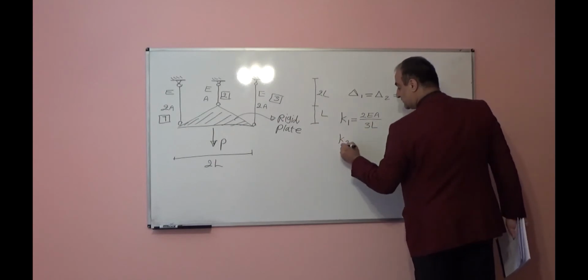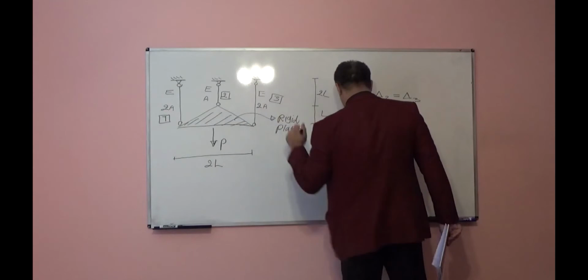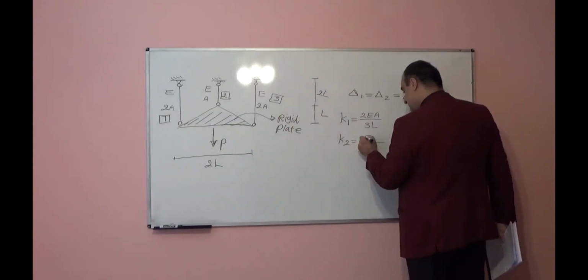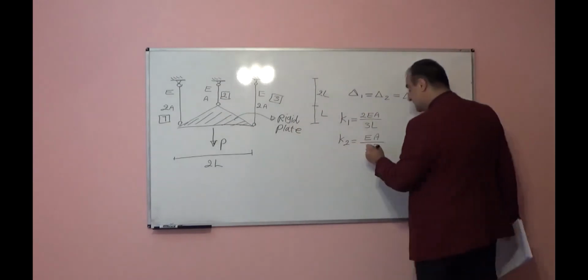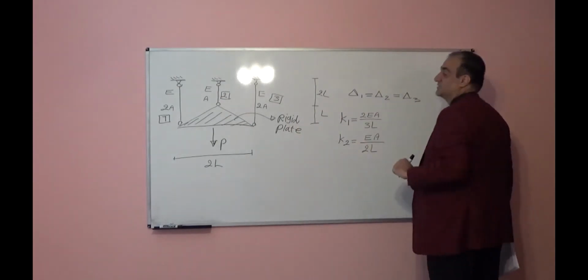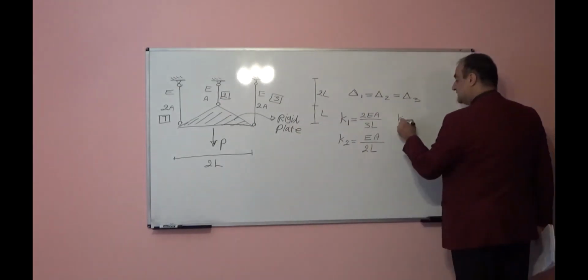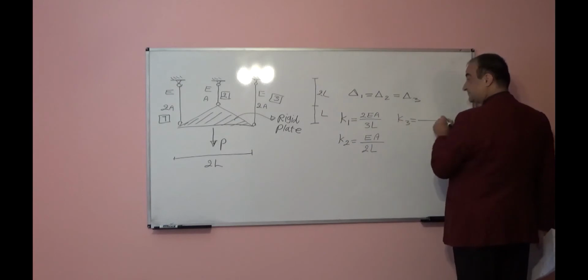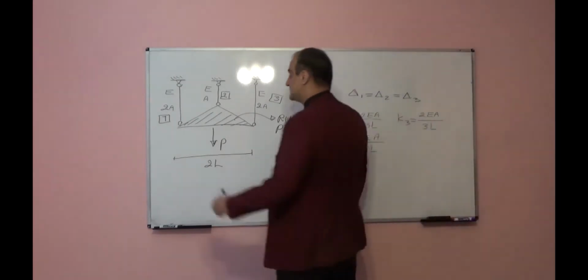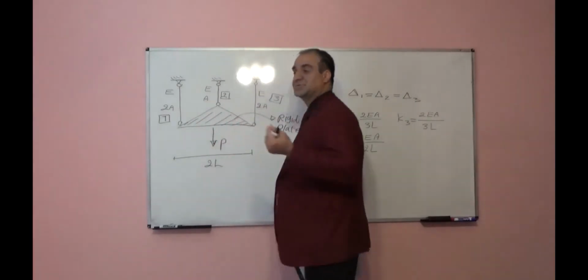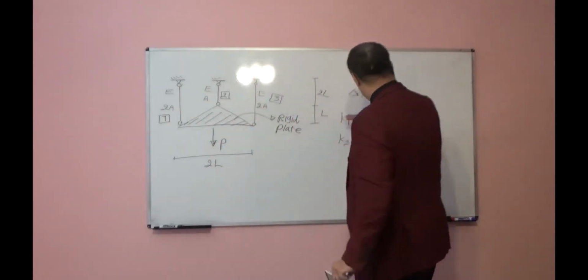The stiffness for rod number 2 will be E, young modulus, times the cross-sectional area for this rod, divided by the length for this rod. And K3 will be, again, 2EA divided by 3L.